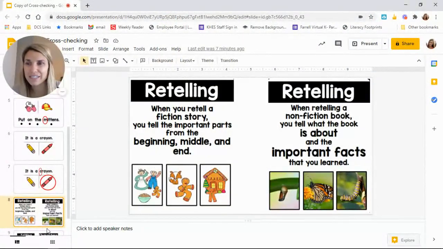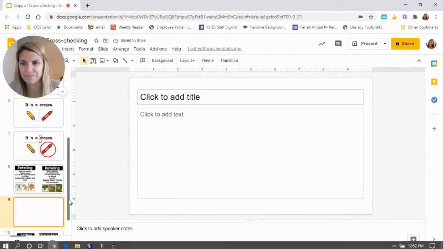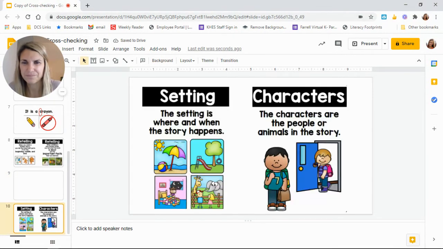So when we retell a story, we can say the things that happen in the beginning, the middle, and the end, or some important facts we learn. Some stories, it's a little hard to do that. Kind of like the one that we were reading. So when we ask you to retell a story, you can tell about the setting.